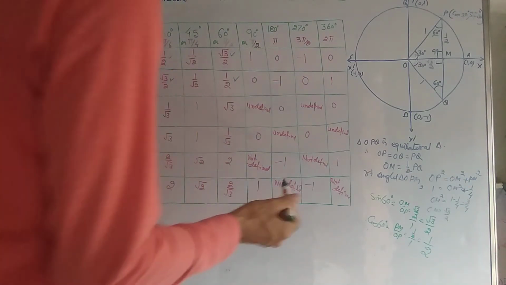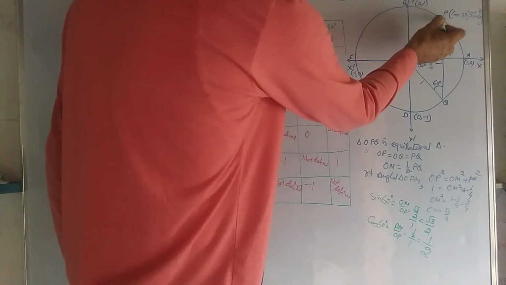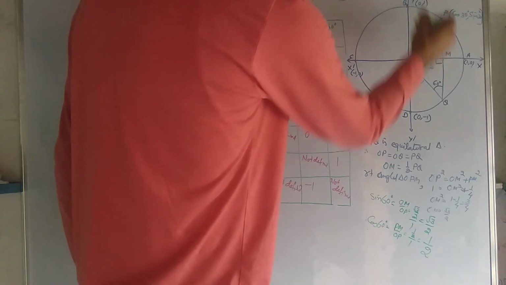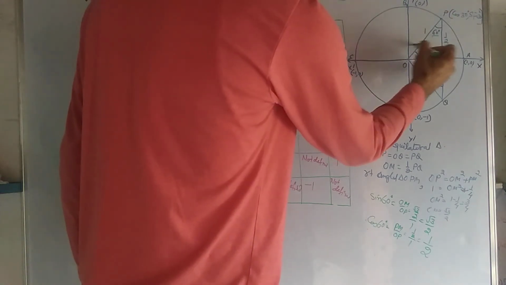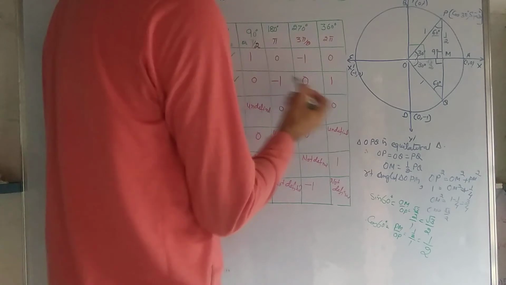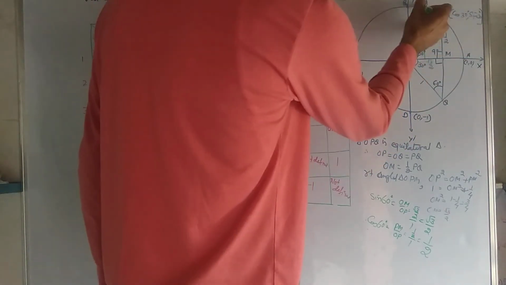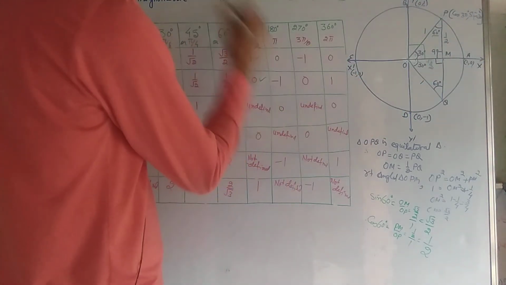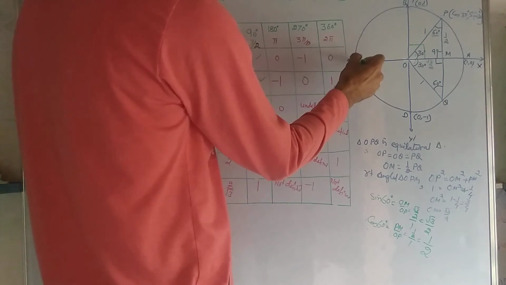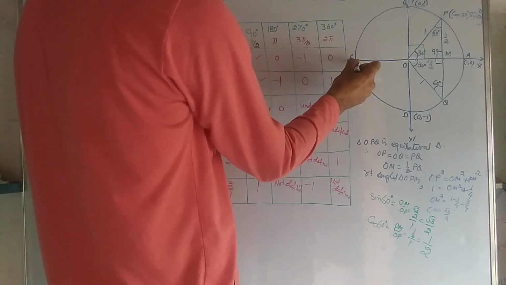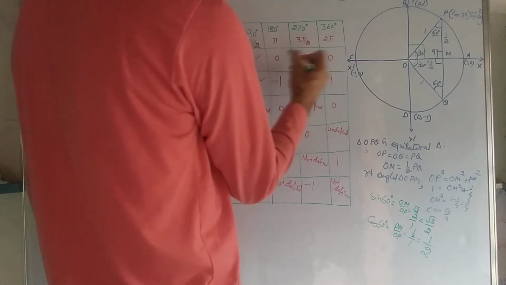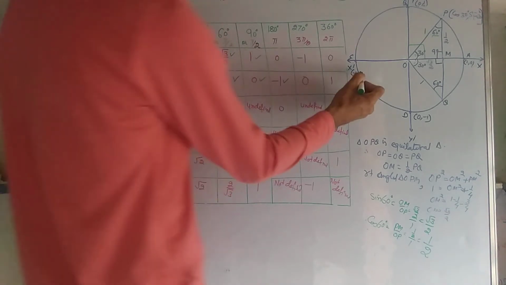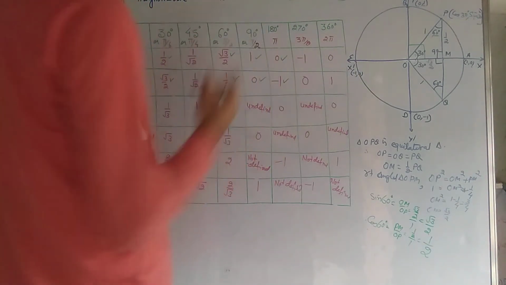And now see, if P reaches here, the angle will become 90 degree, and cos 90 degree will be 0, sine 90 degree will be 1. When this point reaches here, this is 180 degree, cos 180 degree is -1 and sine 180 degree is 0.